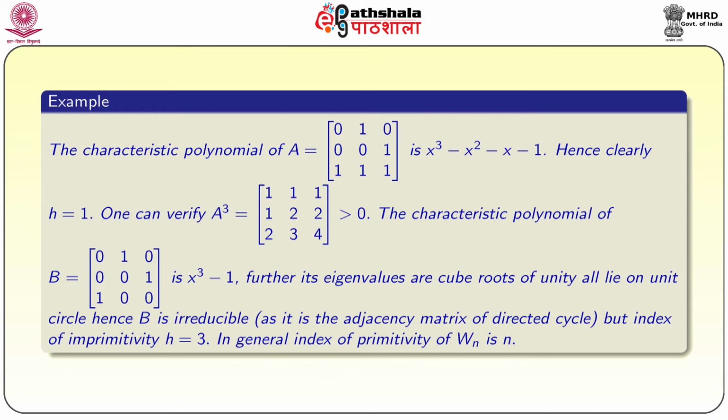So, though B is irreducible, it is not primitive. In general, for the directed cycle Wn, the index of imprimitivity is exactly equal to n. So, all adjacency matrices of a directed cycle are examples of irreducible but not primitive matrices. Not only that, their index of imprimitivity is the highest, it is equal to n.